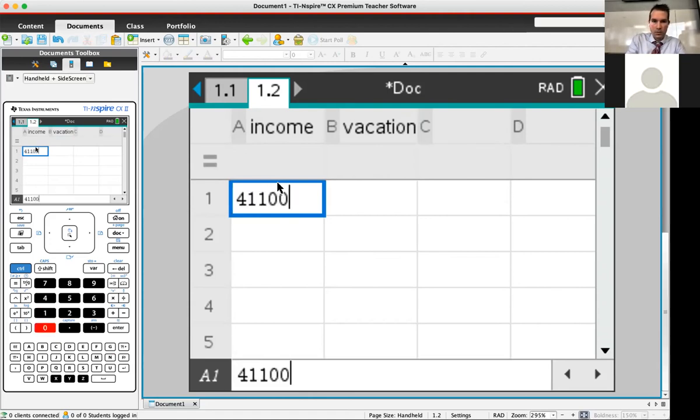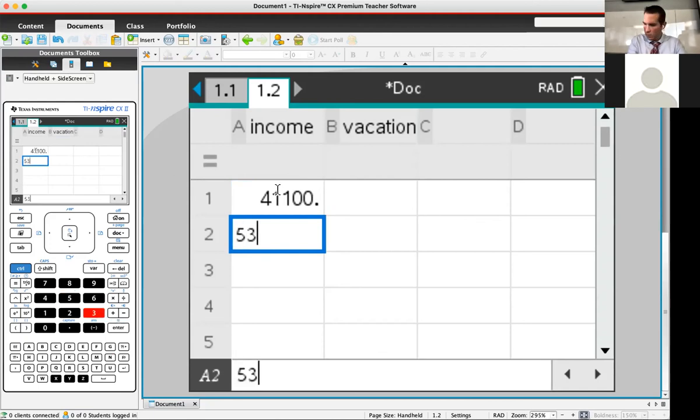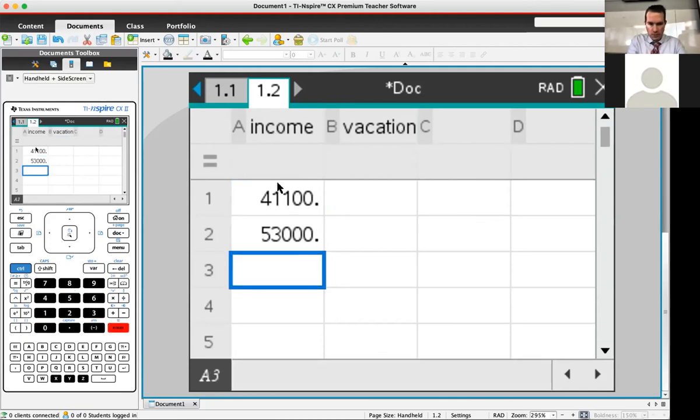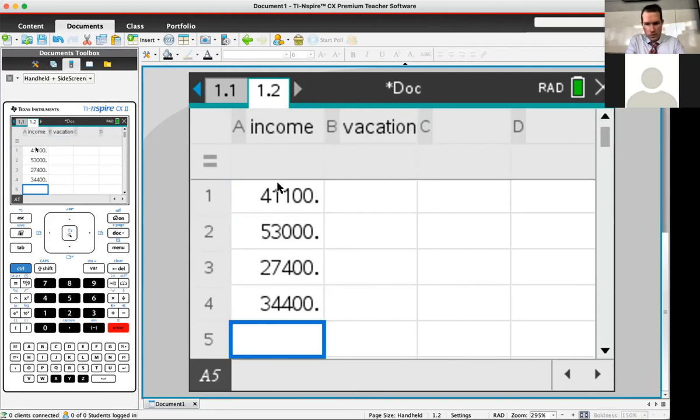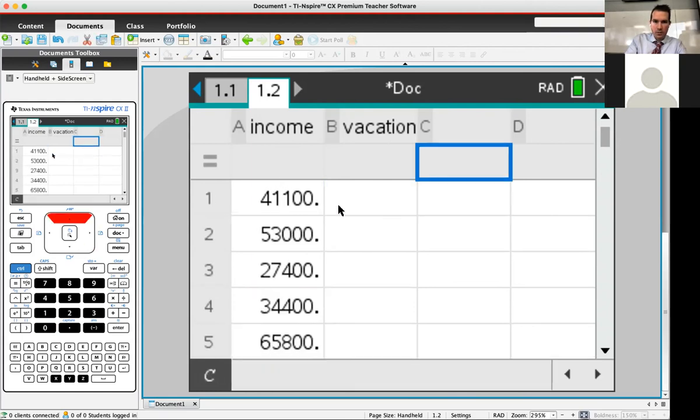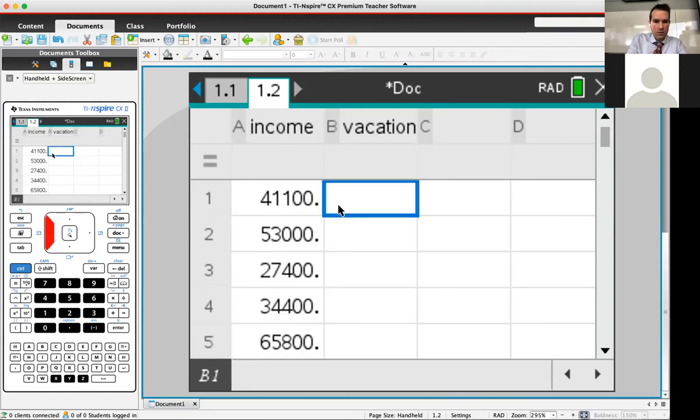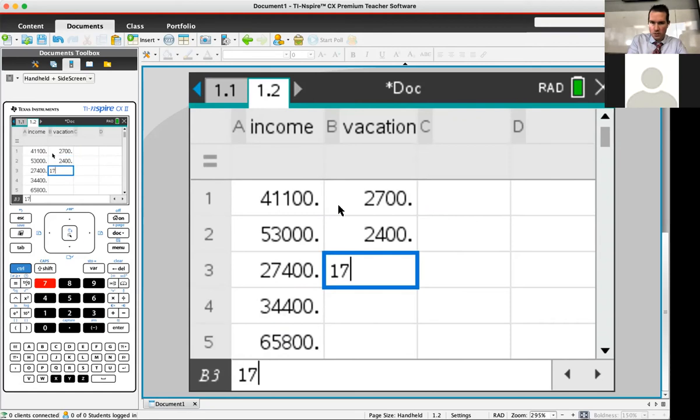Income: $41, 53, 27.4, 34.4, 65,800, 98,100, 72,200, and 56,700. Let's do vacation spending, more modest: 2,700, 2,400, 1,700.